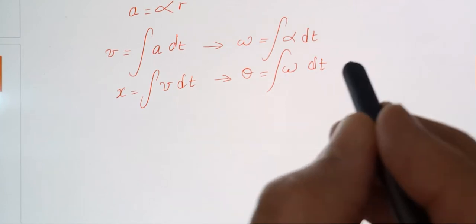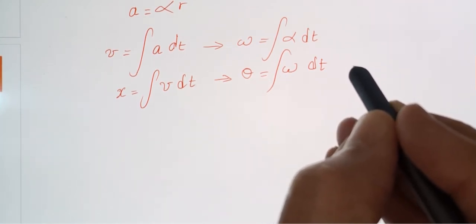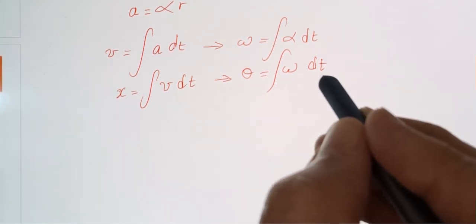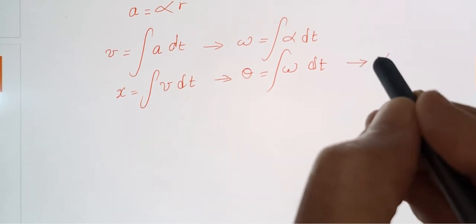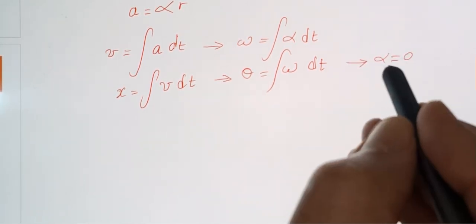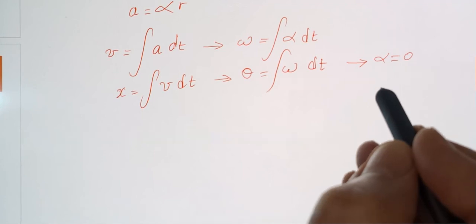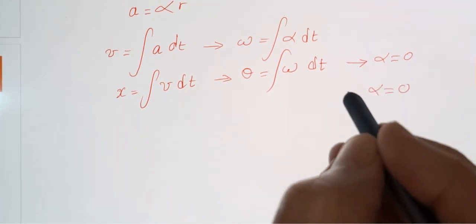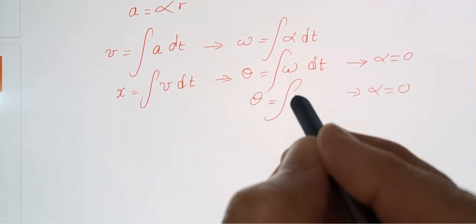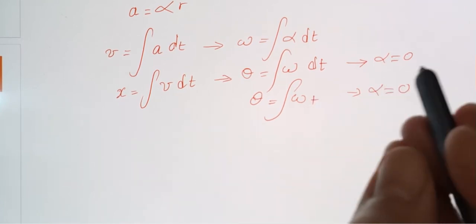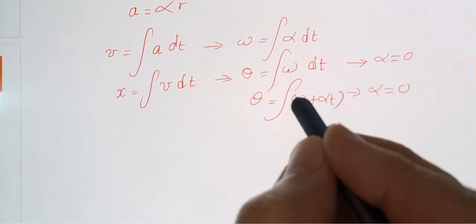So here theta is the integration of omega dt. Here alpha is equal to 0. If alpha is not equal to 0, then theta is the integration of omega plus alpha t dt.